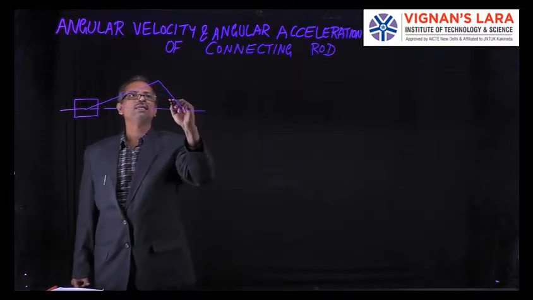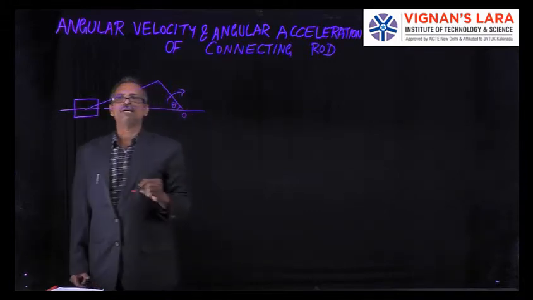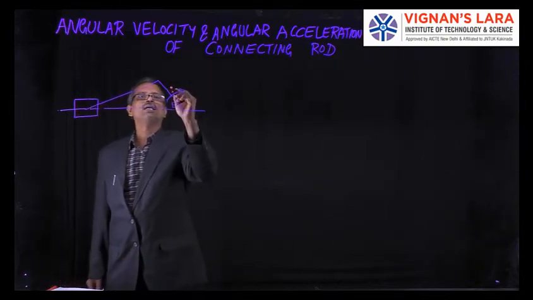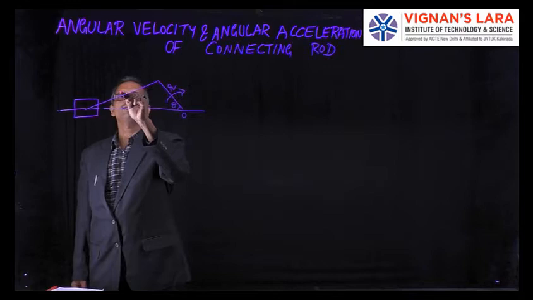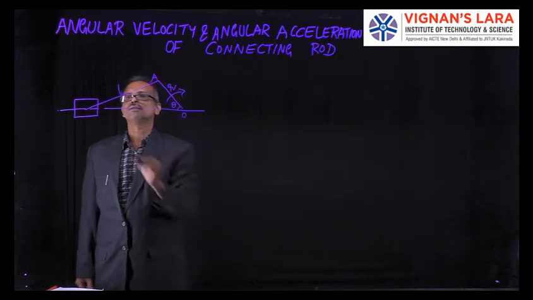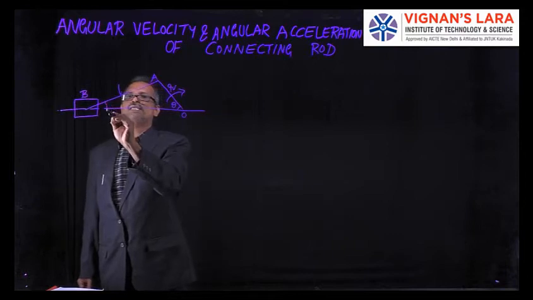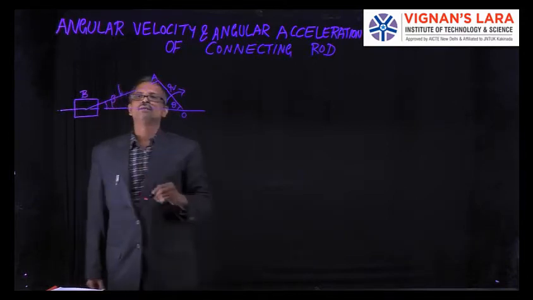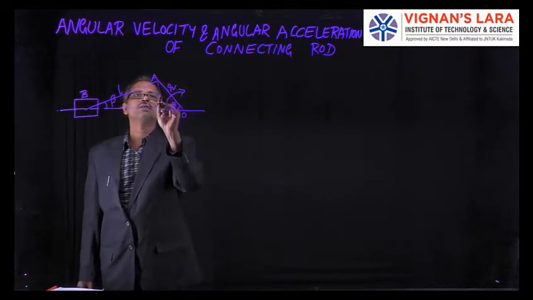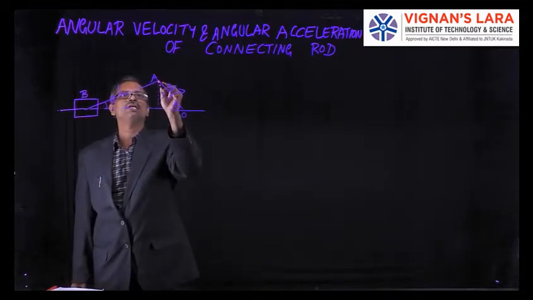So this is the crank which is making an angle theta with the line of stroke, and this is the radius of the crank R, and this is the length of the connecting rod L. And the connecting rod makes an angle beta with the line of stroke, and let me call this Y. Okay, and you have inner dead center and outer dead center.